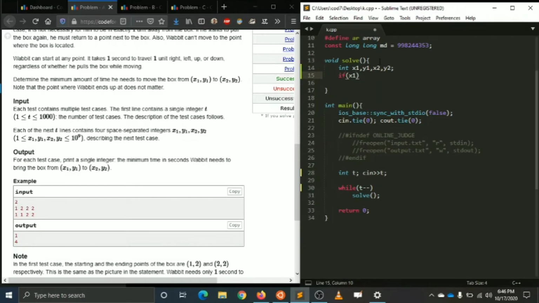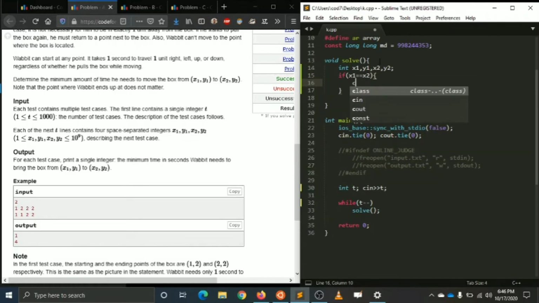This is the base condition. Suppose we are at the same position of x1 and x2, then what we are supposed to do is simply move in the y-axis. So no extra step will be required here. We are going to make two similar base cases.